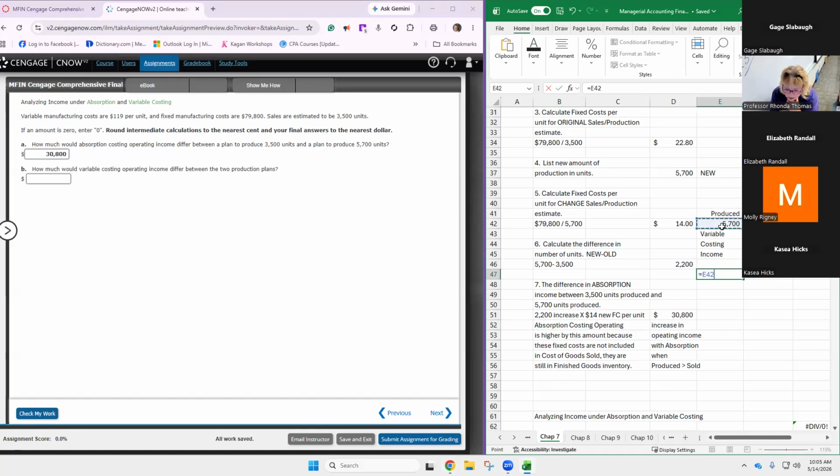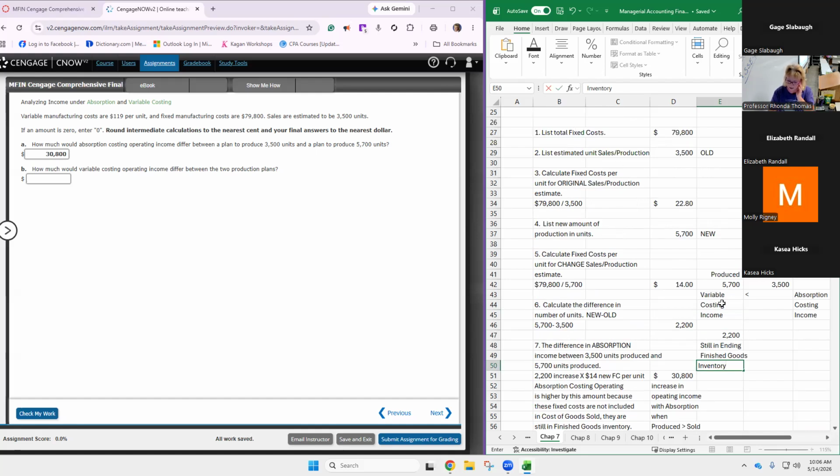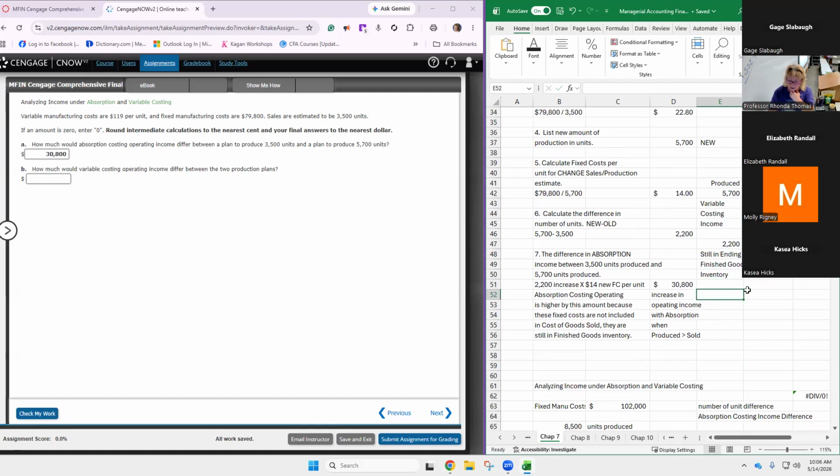If we produced 5,700 and we sold 3,500, there's the 2,200 that we're talking about. 2,200 of the production that we didn't sell is still sitting where? It's still sitting in ending finished goods inventory. That has not been sold, but the old way of using absorption has got the fixed costs in as an asset.